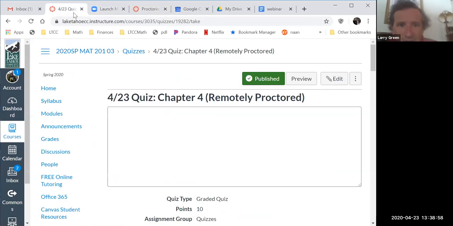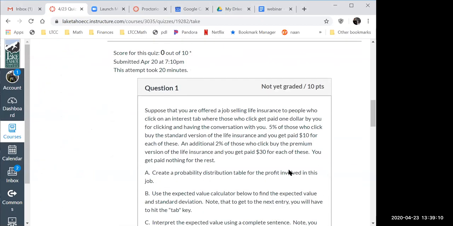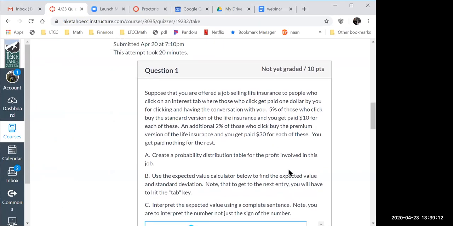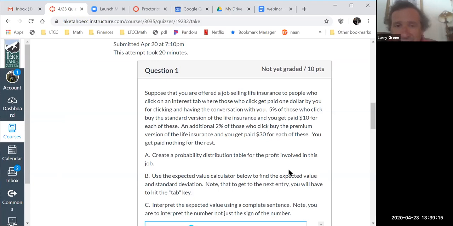Okay, so let's talk about the quiz. The first question is, you're offered a job selling life insurance to people who click on an interest tab, where those who click get paid $1 by you for clicking, and have the conversation with you. 5% of those who click buy the standard version of the life insurance, and you get paid 10 bucks for each of these.